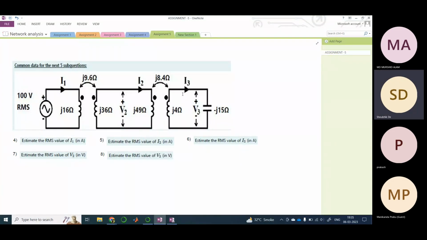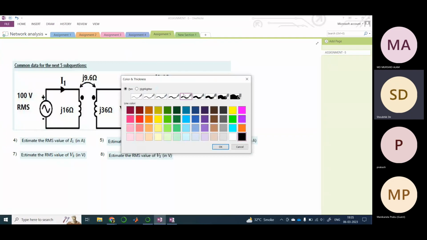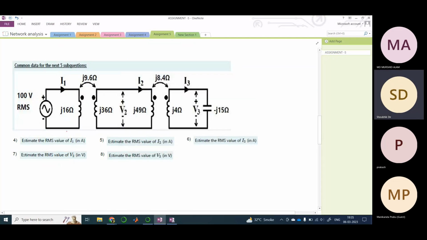Let us again describe the different inductance and mutual inductance values as we did for the previous problem. Here this inductance value is given, right? So let us say this is L1, this is L2, this is L3, this is L4, this is a capacitor C. Now let us write the mutual inductance values.